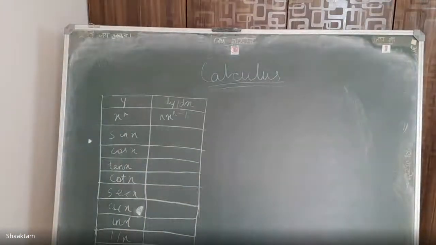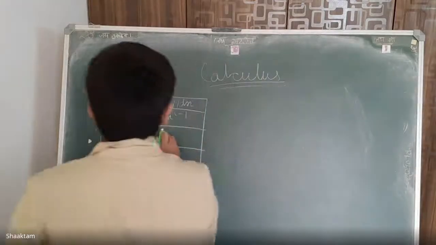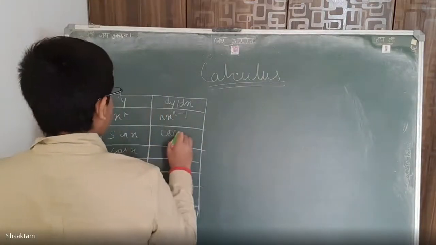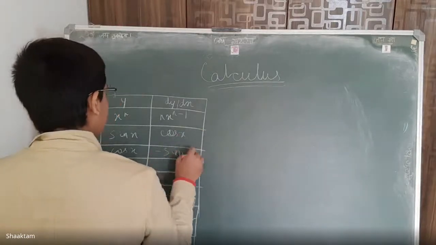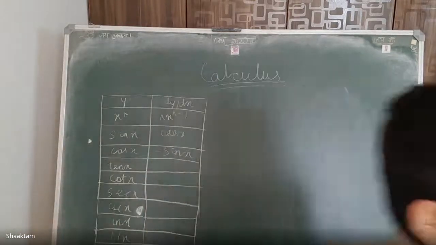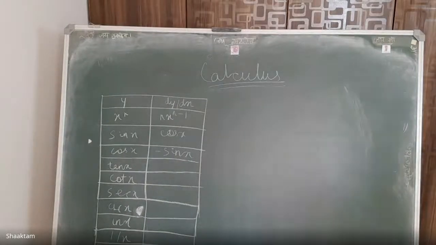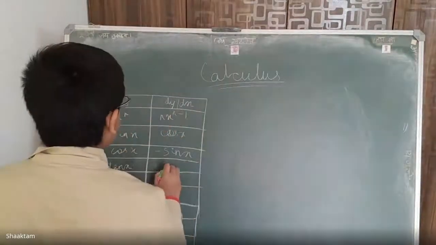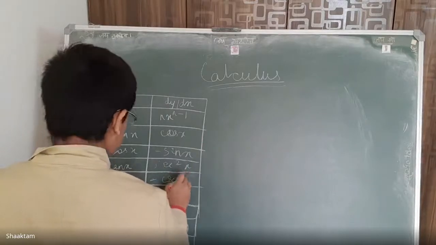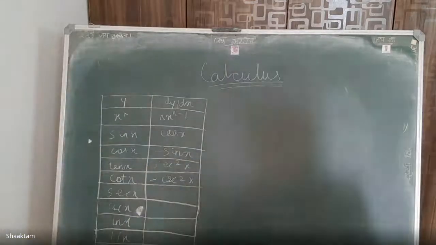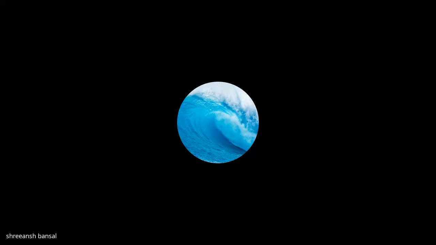Now the values. d of sine x by dx is cos x, minus sine x, tan x, sec square x, cot x, minus cosec square x. How are you getting these values?